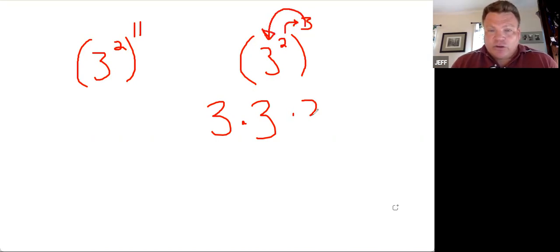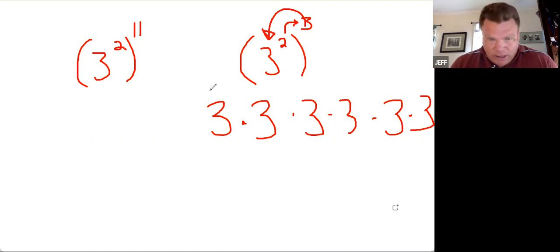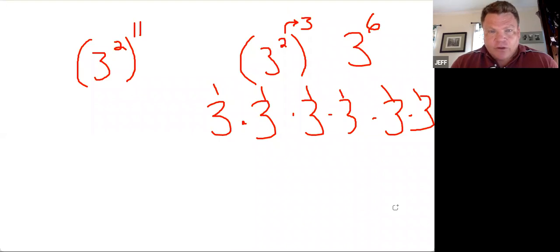So I would have to go 3 times 3 times 3 times 3, and that's 1, 2, 3, 4, 5, 6. That ends up being 3 to the 6th. So if I get rid of that, you can see that all we did is 2 times 3 equals 6. So when it's power of a power, we multiply the powers.